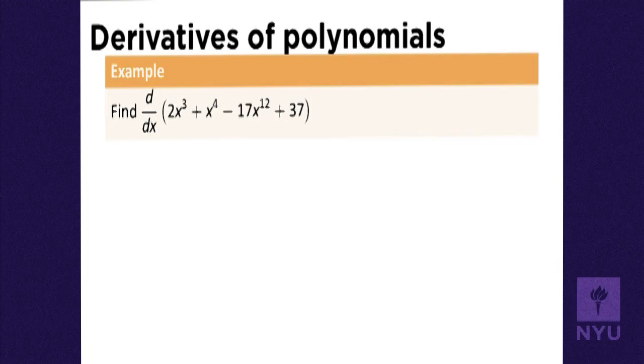But if you think about a polynomial, what's a polynomial? It is sums of multiples of powers of x. And I know how to take the derivative of a sum, and I know how to take the derivative of a constant multiple, and I know how to take the derivative of a power function. So I should be able to put all that together to take the derivative of this polynomial.